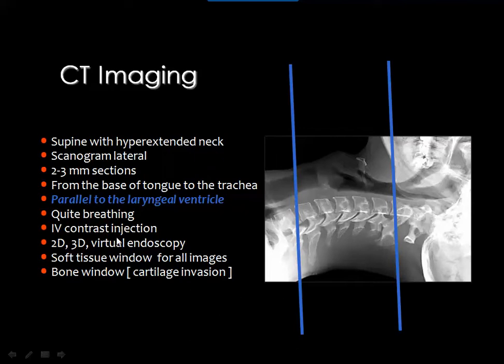And sometimes we need to inject intravenous contrast media, and after scanning we may have the 2D images, which are extremely valuable, especially the coronal ones, in evaluation of the glottic area, as I will mention. Then we use the soft tissue window for all images, and sometimes we use the bone window images if we feel that there is abnormality in the laryngeal cartilage or in the cervical spine.